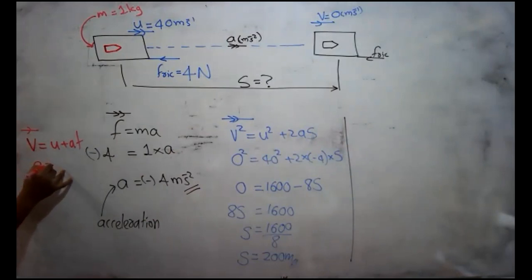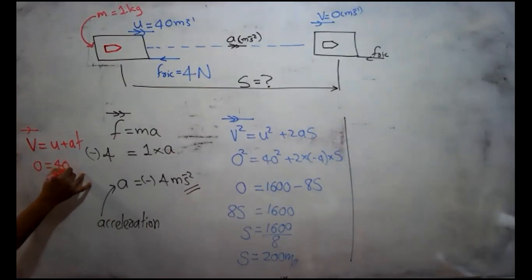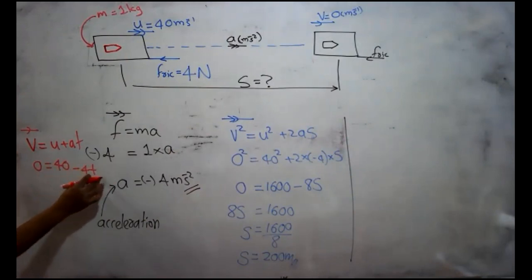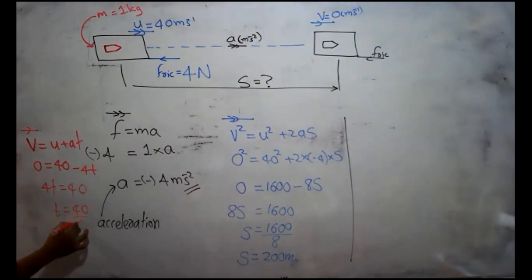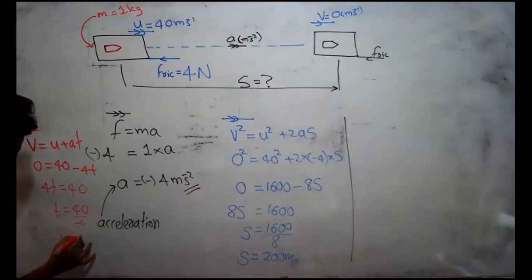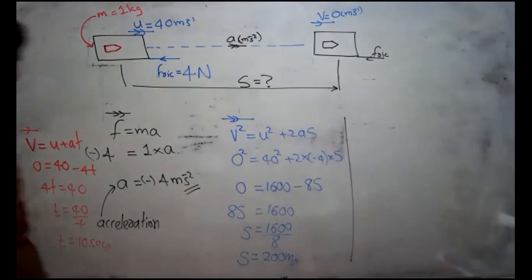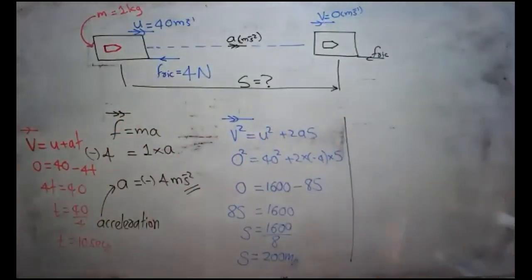Final velocity 0, initial velocity 40, acceleration -4, time is t. 0 equals 40 minus 4t. Minus 40 comes this side as positive 40... So t equals 40 divided by 4. So it means t equals 10 seconds. Time taken for the motion is 10 seconds. Okay, dear?